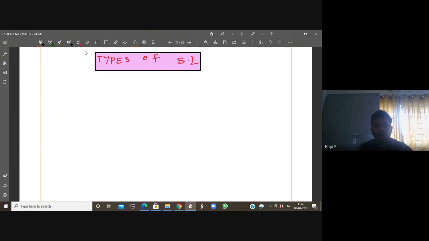First I'm going to find all the line equations and explain them. First one is slope intercept form.